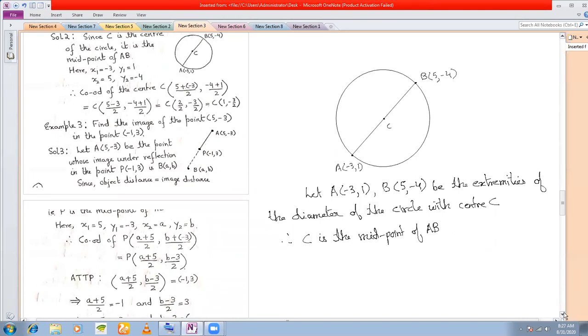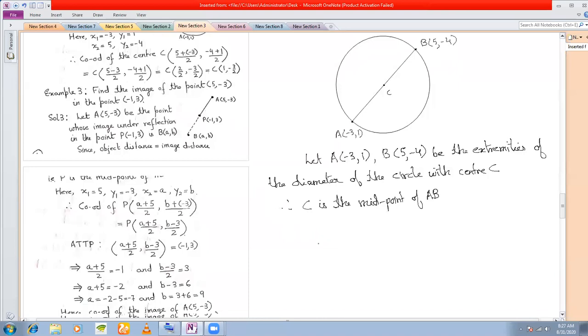If C is the midpoint of AB and the coordinates of A and B are given, then we can find out the coordinates of C by the midpoint formula.